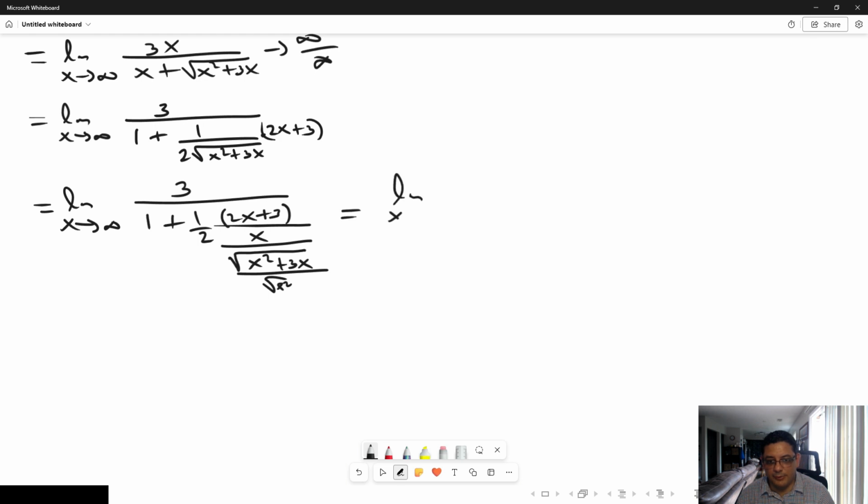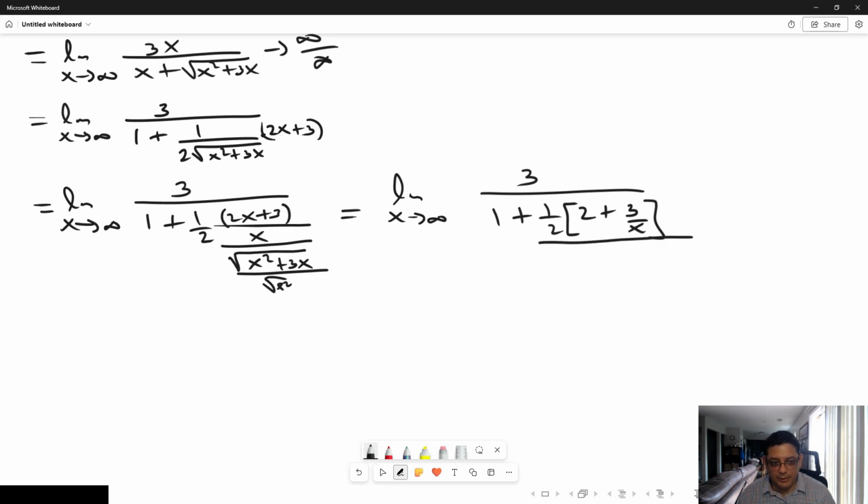So this becomes the limit when x goes to infinity of 3 over 1 plus 1/2, and then this part becomes 2 plus 3 over x, and then below this becomes the square root of 1 plus 3 over x as well. Since I can combine this whole root, x squared divided by x squared is 1, and 3x over x squared becomes 3 over x.